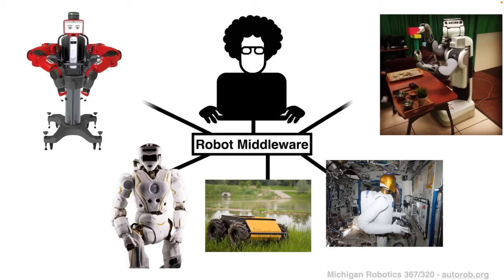Robot middleware provides an interface between our computing systems and software side and the hardware side on the actual robotic platforms. That interface allows our computing devices to model the robots, control the robots, and interact with them.